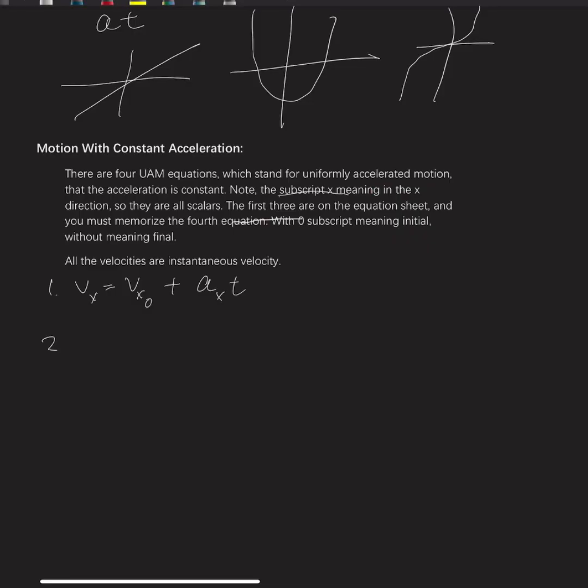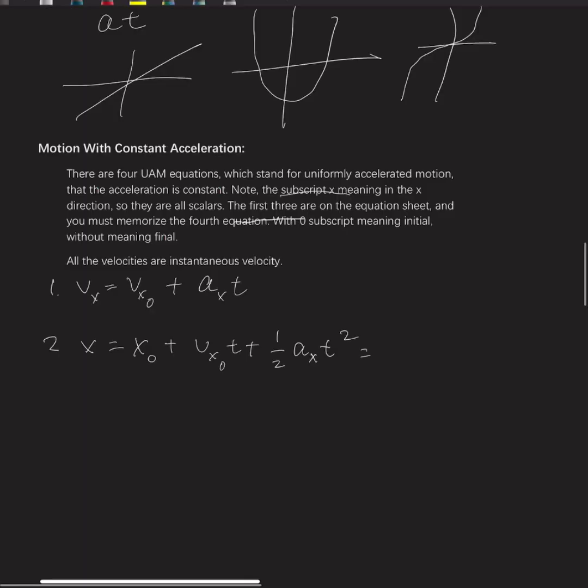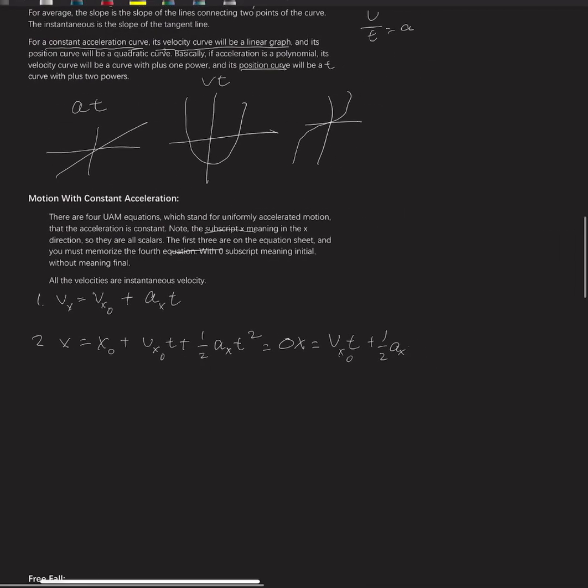Second one, the final position is equal to the initial position plus the initial velocity in the x direction multiplied by time plus 1/2 times the acceleration in the x direction times the time squared, which can be written as the displacement is equal to the initial velocity in the x direction times time plus 1/2 times the acceleration in the x direction times time squared.